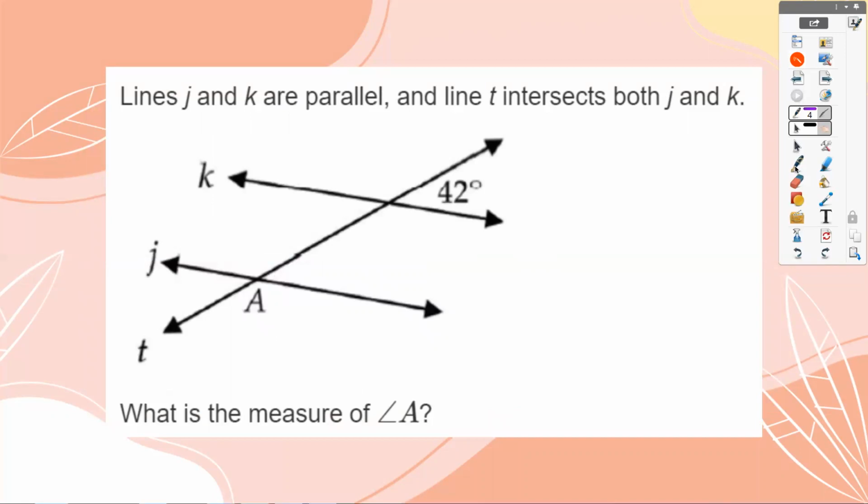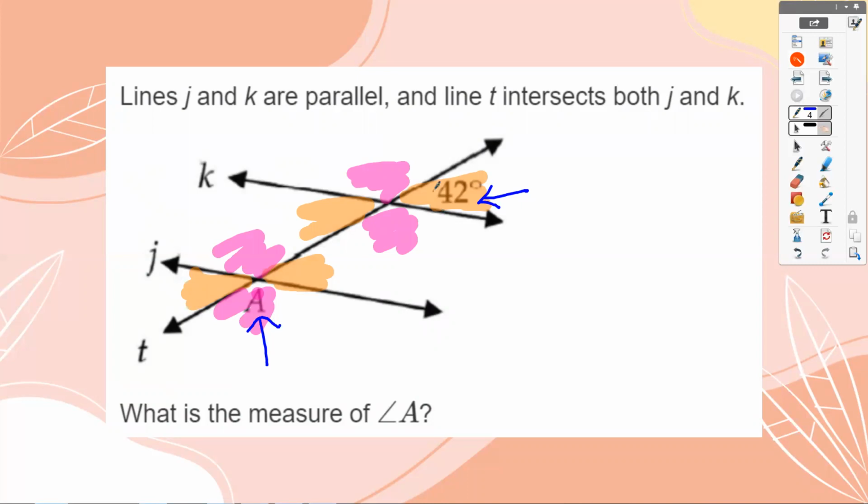So if I looked at this one, again, I want to color code. So I'm going to do the vertical, and then I'm going to do the corresponding, which are going to be my acute angles, because those are the ones I colored in orange. And then I'm going to do my obtuse. Now on this one, it's a little different because I can see 42 is colored in orange, but my missing one is colored in pink.